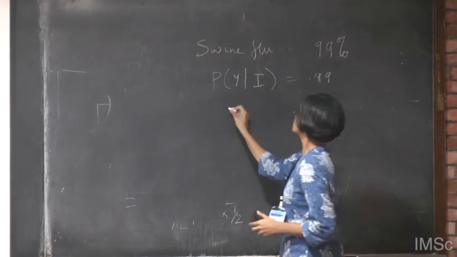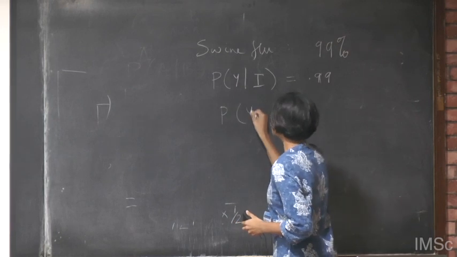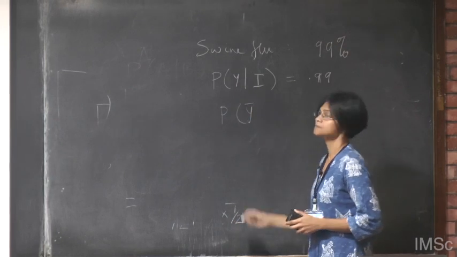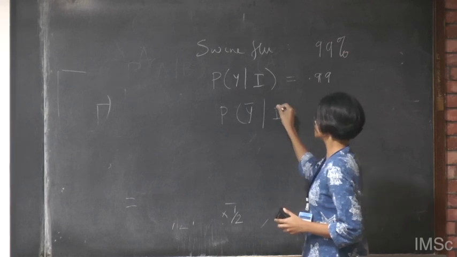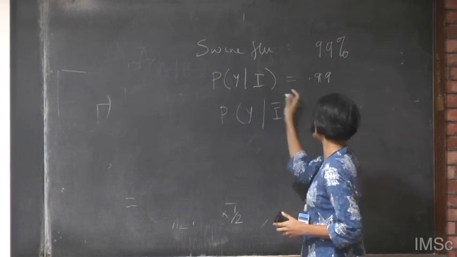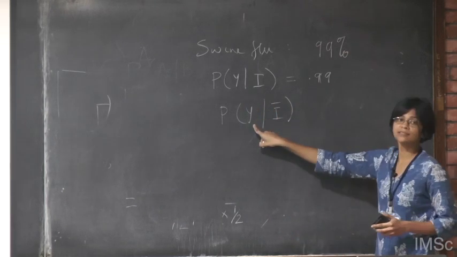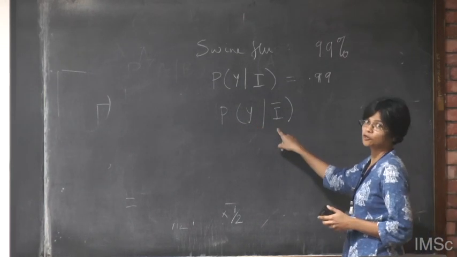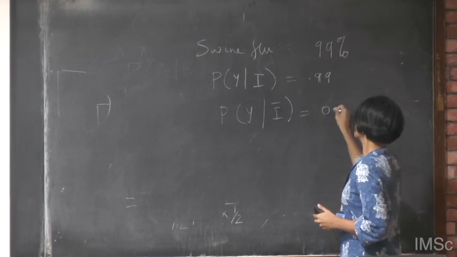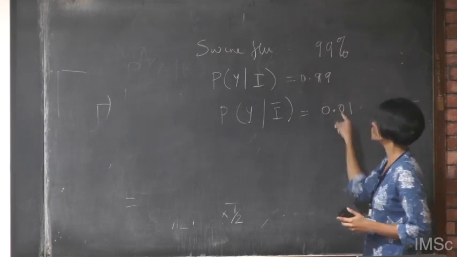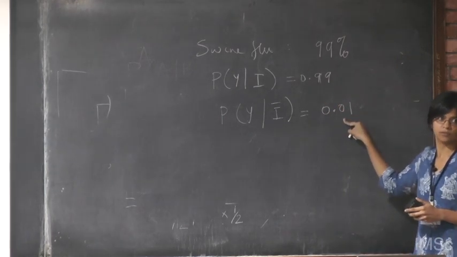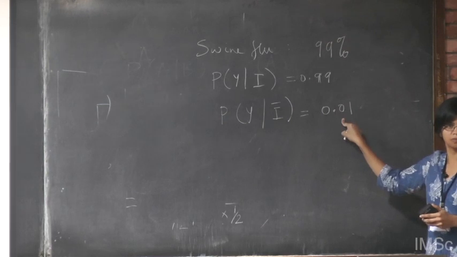Sorry, let's say the other way around. The probability that it says that you are infected when you are not infected is 0.01. So the error is the same, 0.01, in both places.